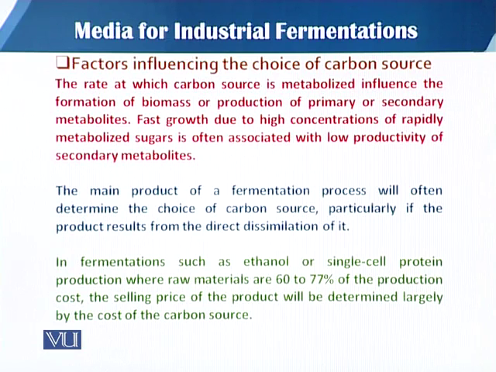There are different factors that affect the choice of the carbon source. The first is the rate at which the carbon source is metabolized. That directly influences the formation of biomass as well as the production of primary and secondary metabolites. As we know, there are different kinds of fermentation products. The first is biomass, the second is the metabolite, which can be a primary, secondary or tertiary metabolite.